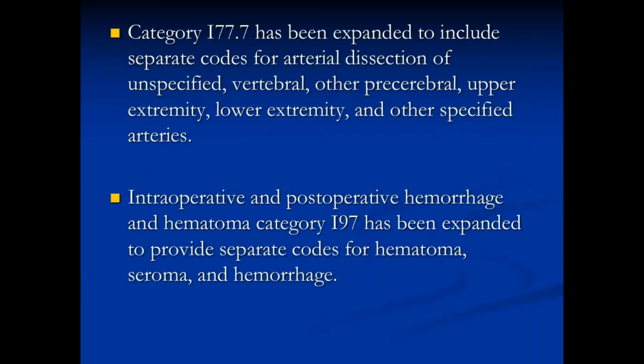Category I77.7 has been expanded to include separate codes for arterial dissection of unspecified, vertebral, or precerebral, upper extremity, lower extremity, and other specific arteries. There are a lot of intraoperative and postoperative hemorrhage and hematoma category codes. I97 has been expanded to provide separate codes for hematoma, seroma, and hemorrhage.